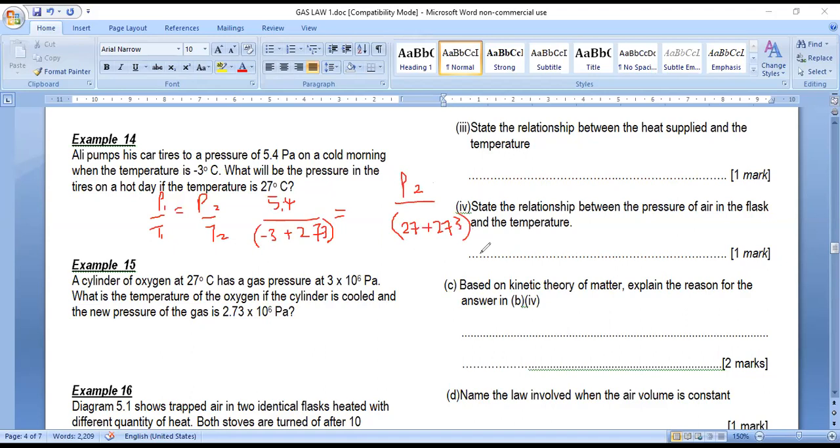So P2 equals 5.4 divided by (-3 plus 273), times (27 plus 273), which gives P2 as 6 Pascal.